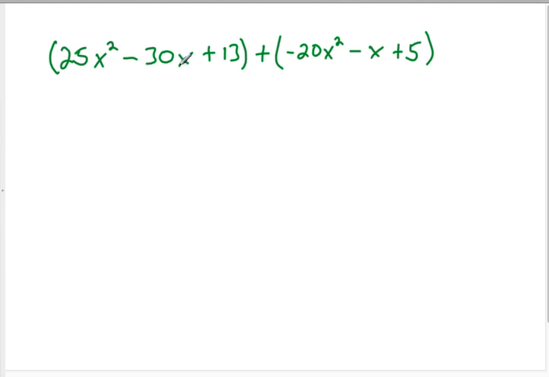So to add those together, remember the negative ones canceled out the positive ones. And so if 20 negative ones cancel out 20 positive ones, we're left with 5 positive ones. So it's 25 minus 20. Simple. Then we have negative 30 minus, remember when there's no number, it's just one of them. So negative 30 minus 1 is negative 31x. And then we have 13 and 5, which we know is 18.